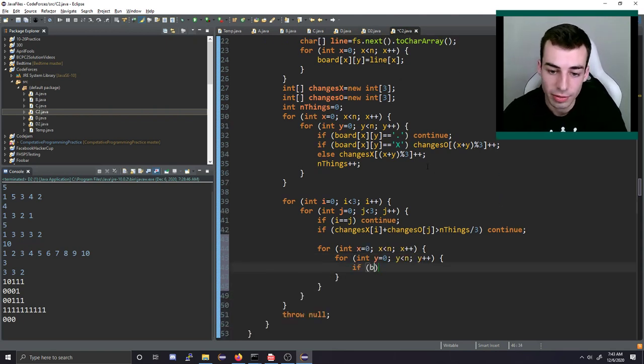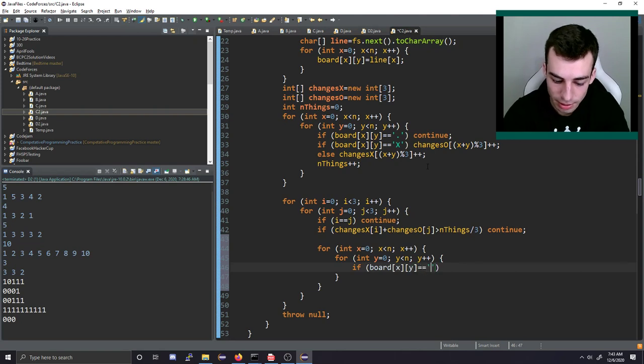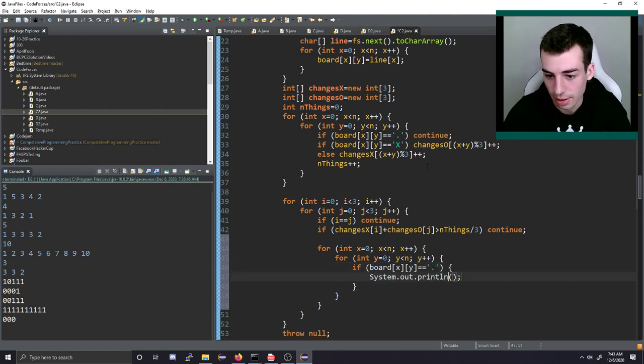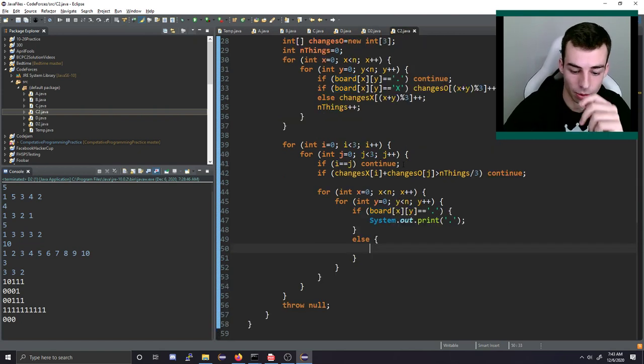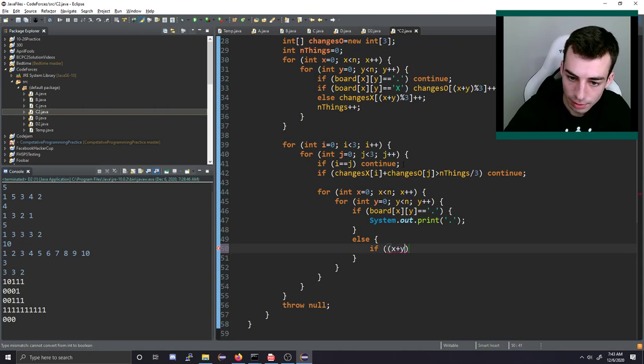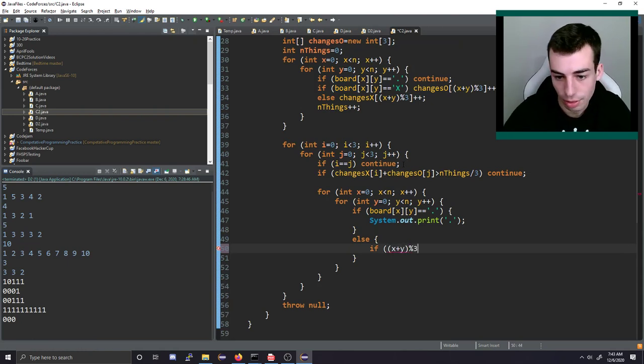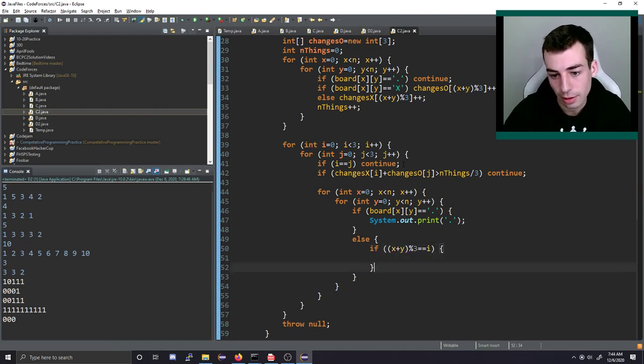Okay. So if board at x, y equals a period, then print a period. Else it's not a period, so we need to case this out. So if (x plus y) mod 3 is i, then we do one thing.